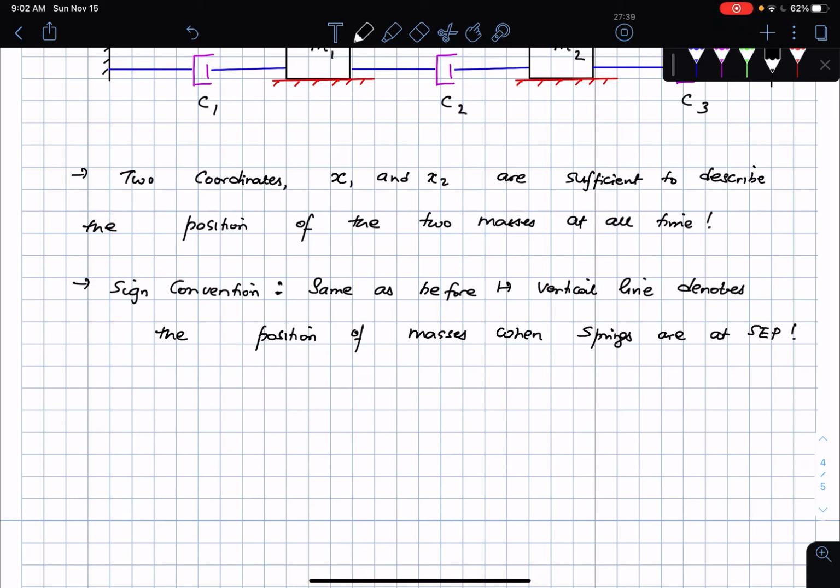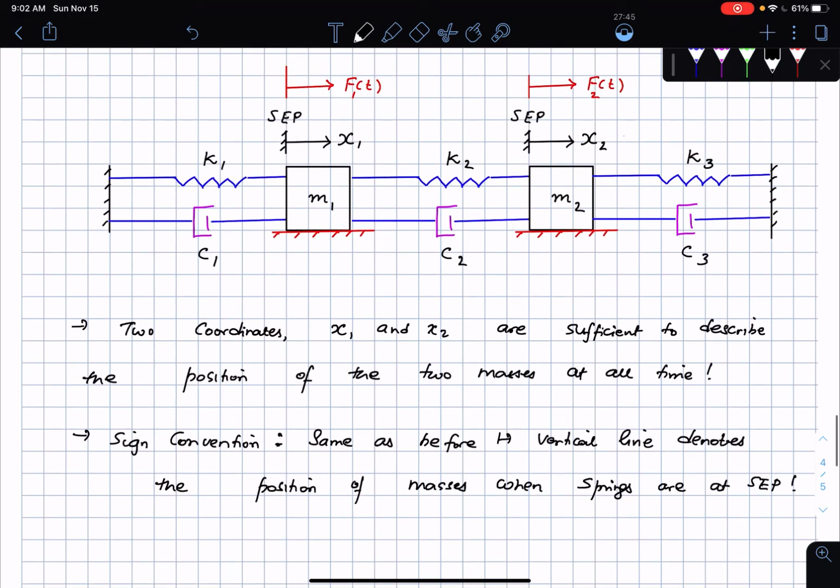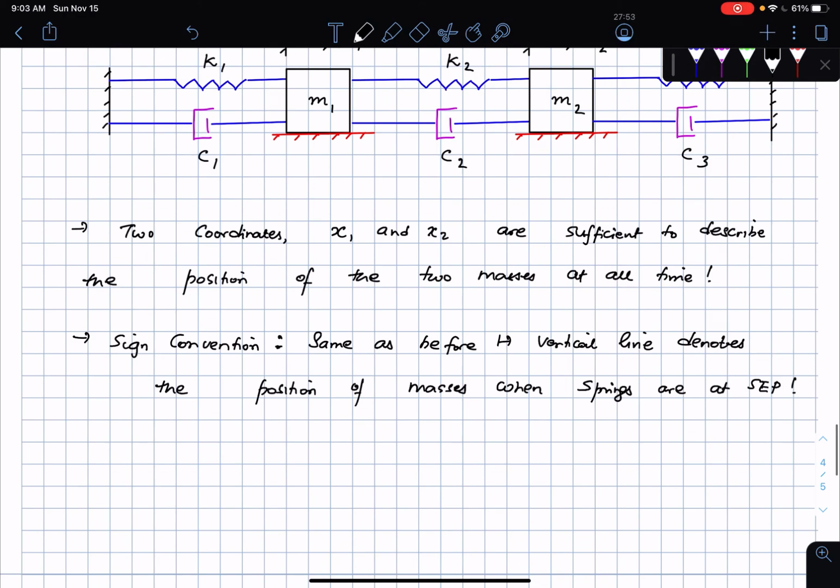And once again it means that it is not as if the masses are displaced in that particular direction, but if they are displaced in that particular direction, then they will be assigned a positive displacement value, and likewise for velocity and acceleration. So likewise for x1 dot, x1 double dot, x2 dot, x2 double dot.